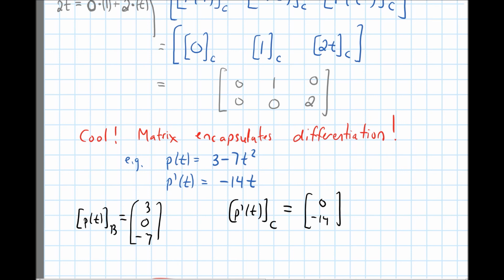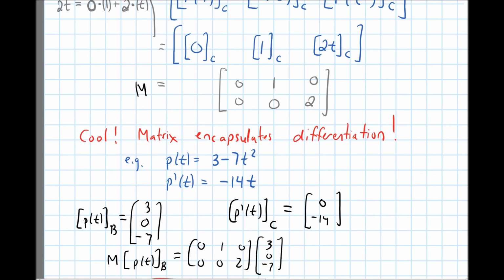So as a check now, let's multiply M times p of t's coordinate vector in terms of b. The matrix M was this over here: 0, 0, 1, 0, 0, 2. Let's multiply that by this coordinate vector, 3, 0, negative 7. If we multiply this out, we end up getting 0, negative 14, because this is 3 times the first column, plus 0 times the second column, minus 7 times the third column.